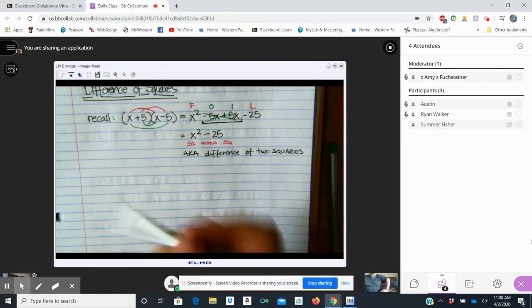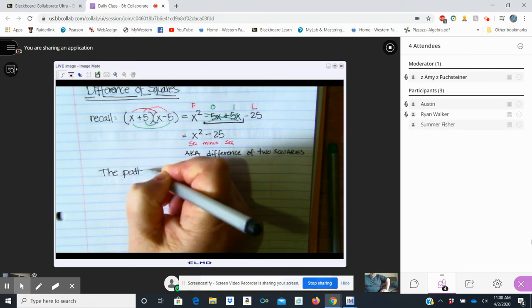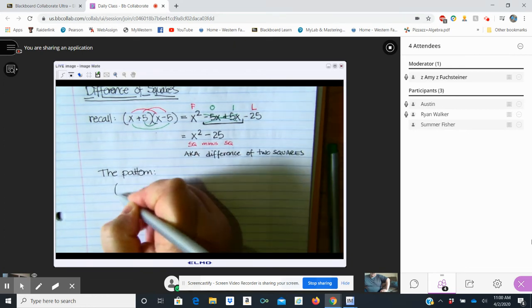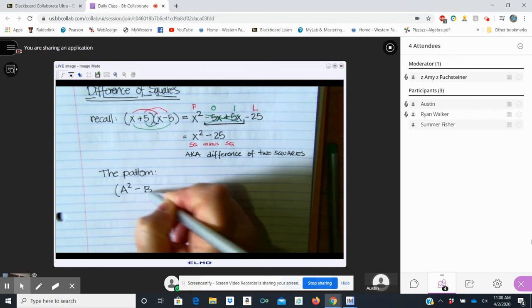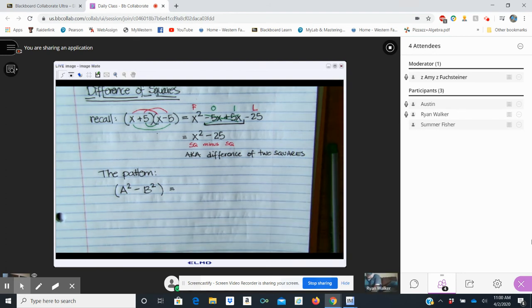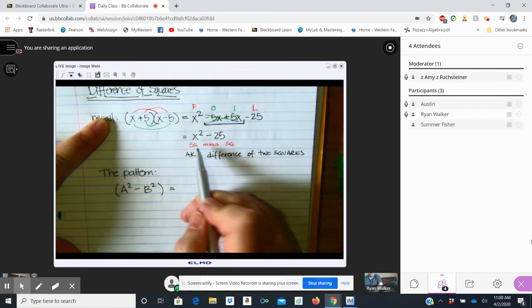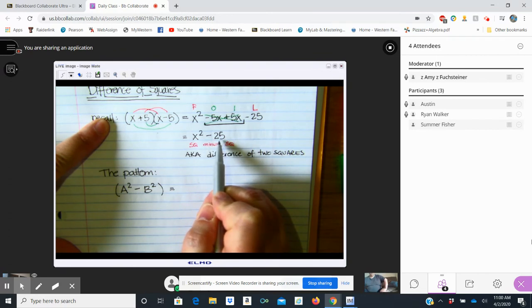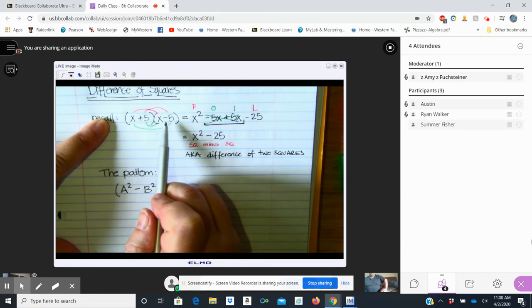The pattern says if you have an a squared and you're subtracting from it a b squared, this had to have started, right? We've got an x squared minus 25. We had to have started with an x plus 5 times an x minus 5.